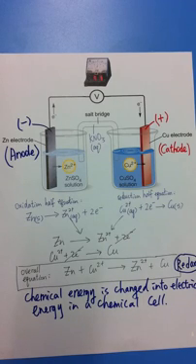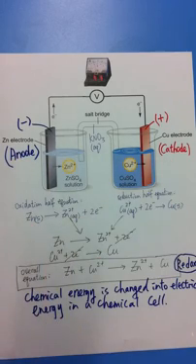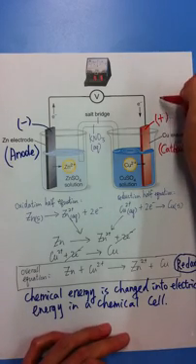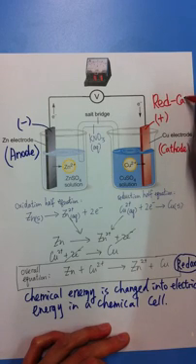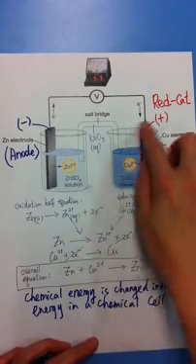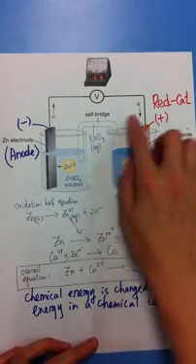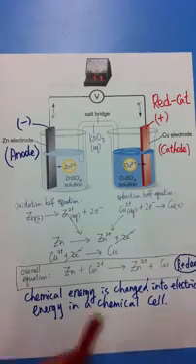So how to memorize which one is which? For me, I will use "red cat". Reduction occurs in this area, so this electrode is called cathode.